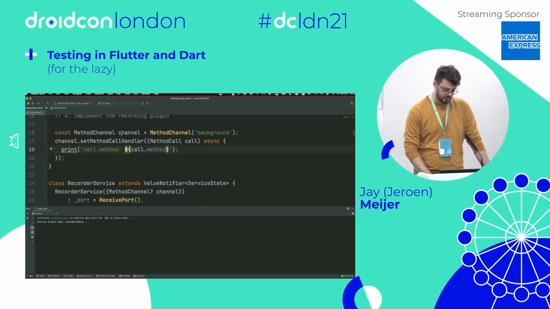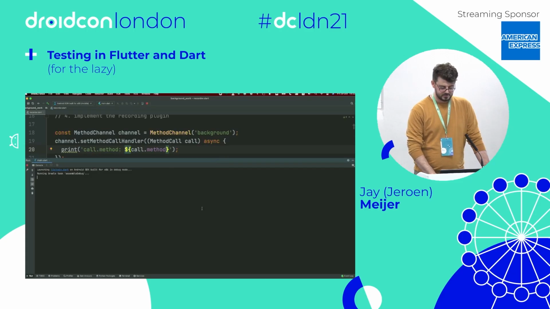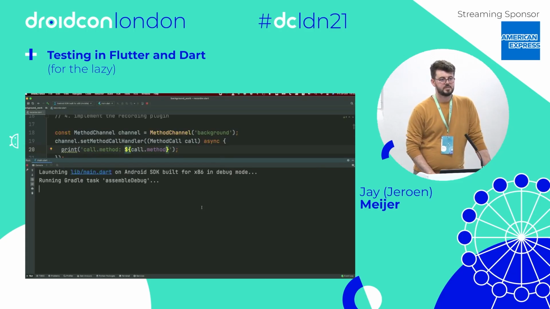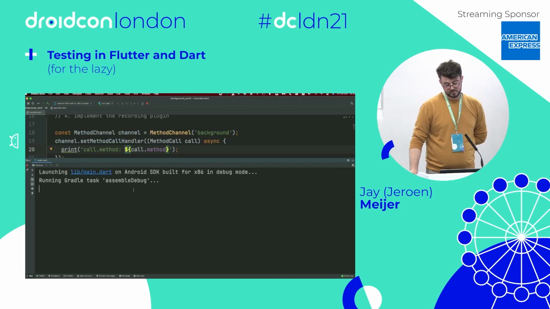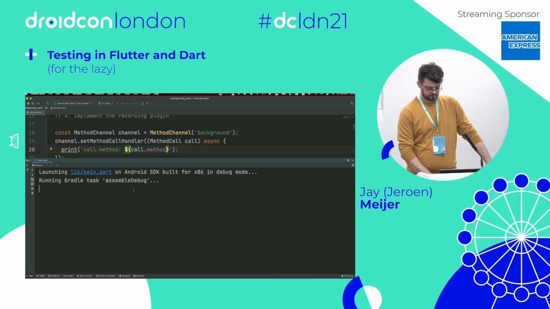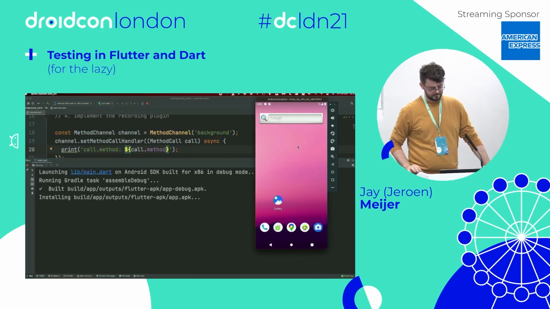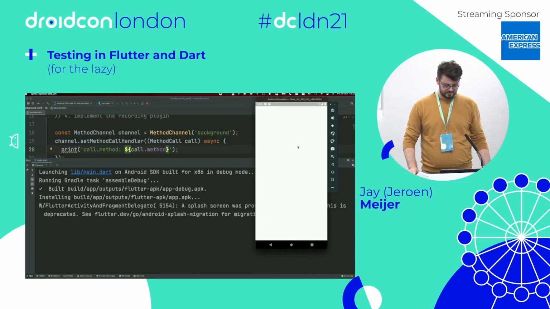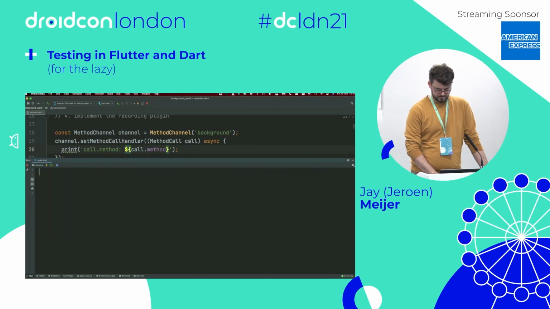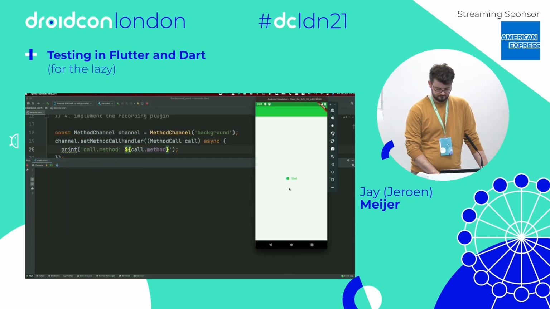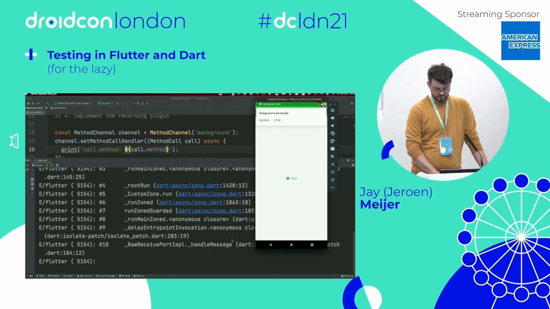What we are expecting to see here is that as soon as the engine starts, we will get back the path where we want to save the file that we are trying to record to.